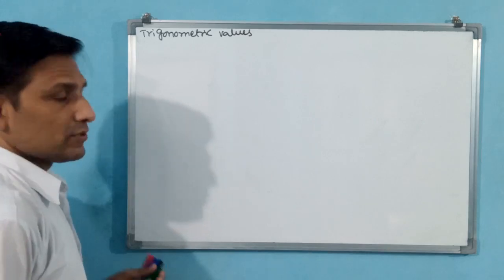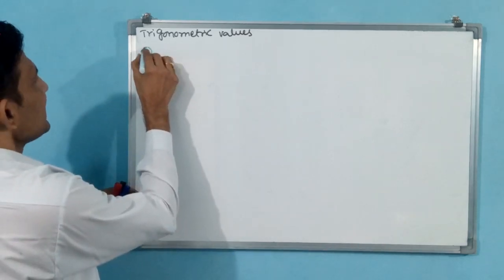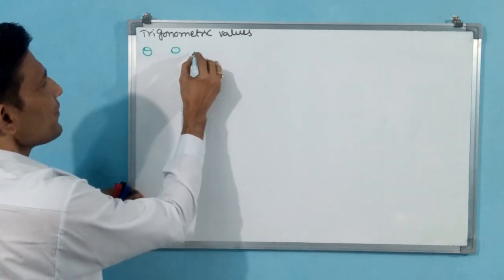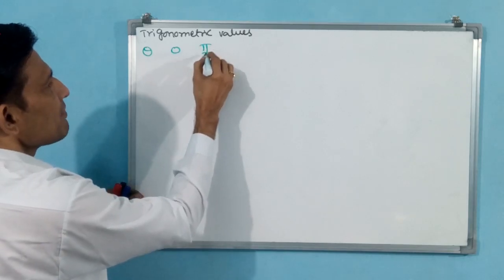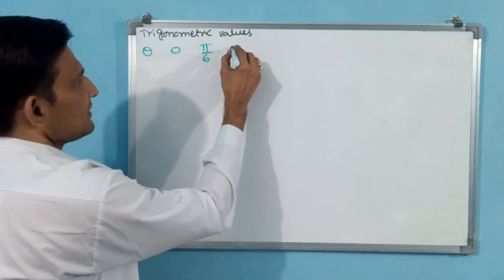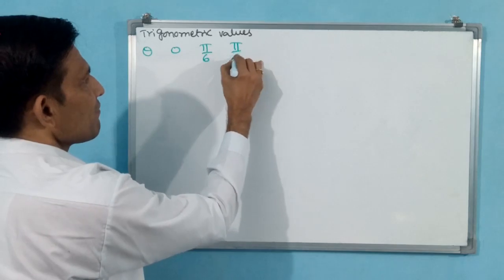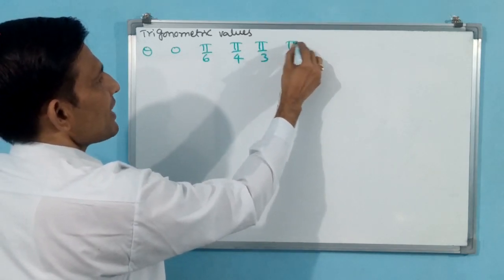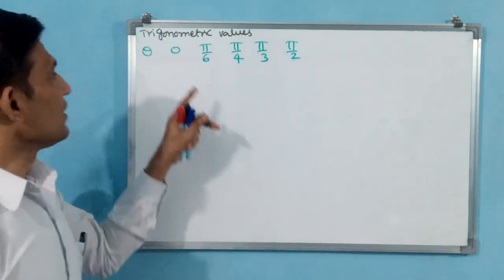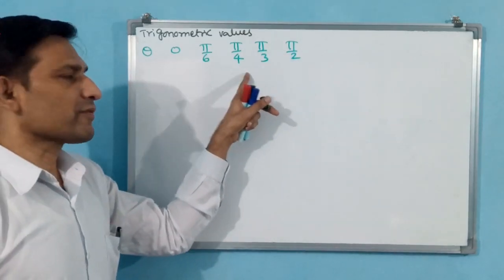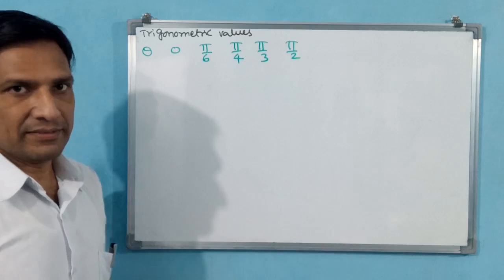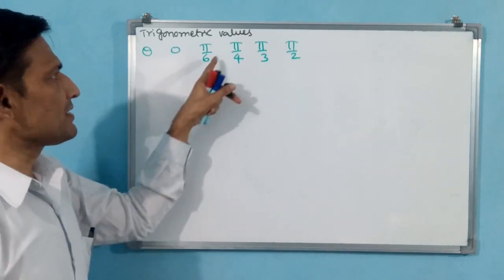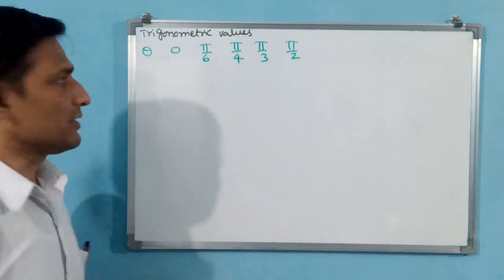Okay, how I am drawing, you see, this is theta 0, then 30 degree means pi by 6, then 45 degree means pi by 4, then pi by 3 is 60 degrees, then pi by 2 is 90 degrees. These are okay. 0 degree, 30 degree, 45 degree, 60 degree, 90 degrees. Okay. 0, pi by 6, pi by 4, pi by 3, pi by 2.